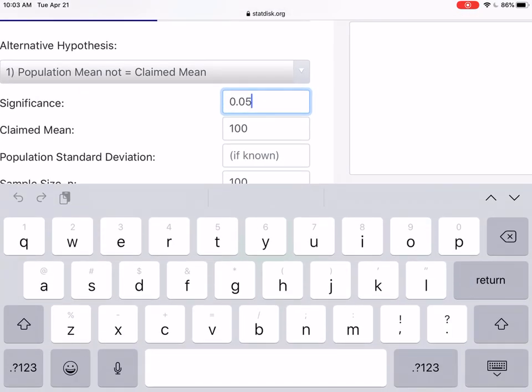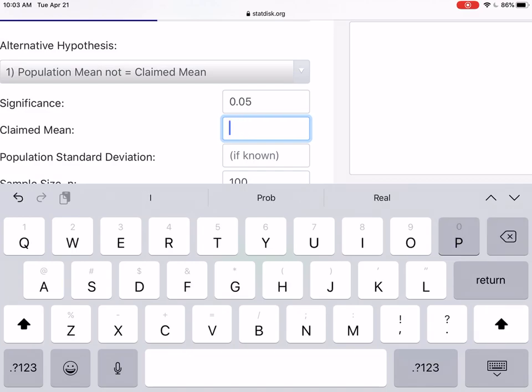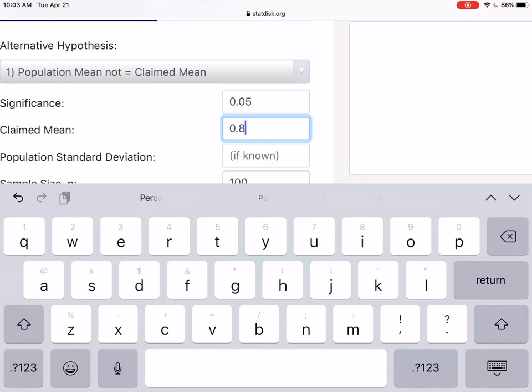Our significance level is 0.05, so that's okay. The claimed mean is the value that comes from the null hypothesis, and that is 0.8535.